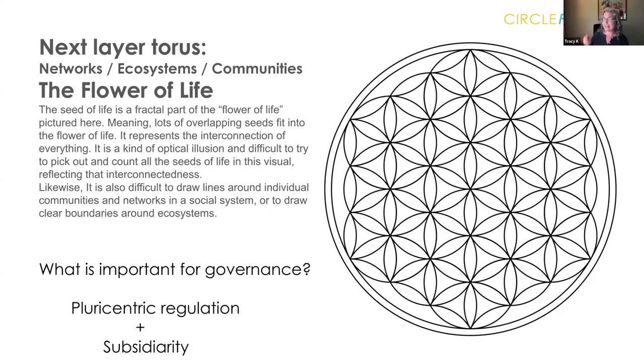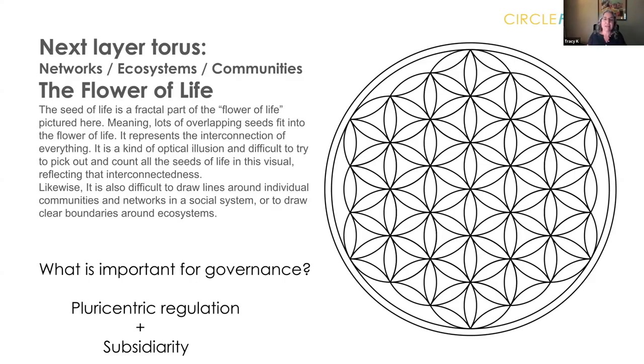And now the thing that I think is so interesting is if I try to pick out one seed of life in this, it's kind of an optical illusion. It's difficult. To me, that reflects that interconnectedness, as I try to find the seven circles that make up a seed of life in this.